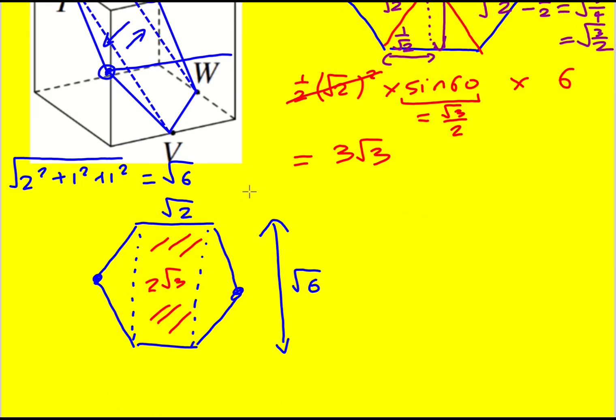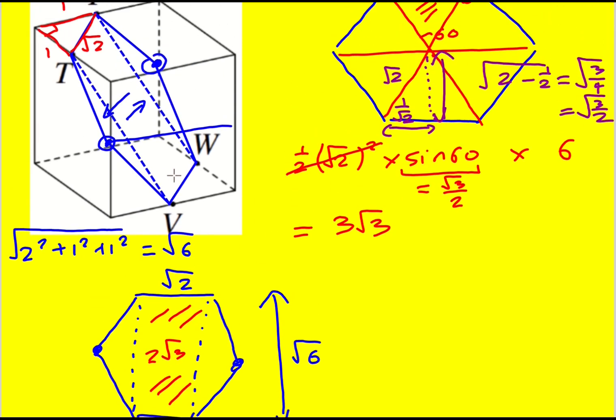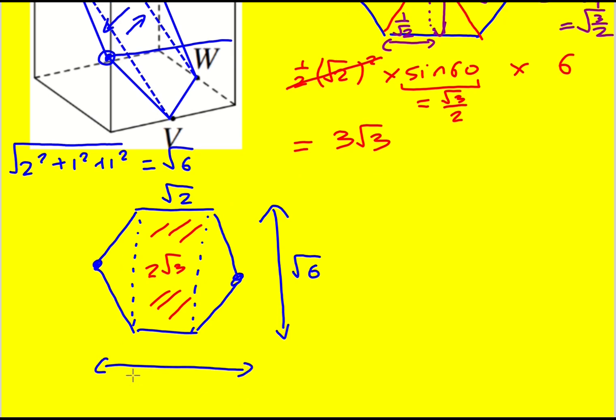It's going to be √8. So that is the diagonal length in the hexagon. Which is actually 2√2. And if I then minus √2, I'm going to get √2. And if I divide by 2, then this is 1/√2.